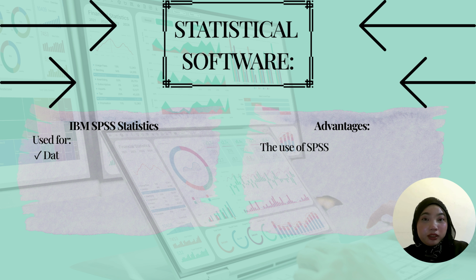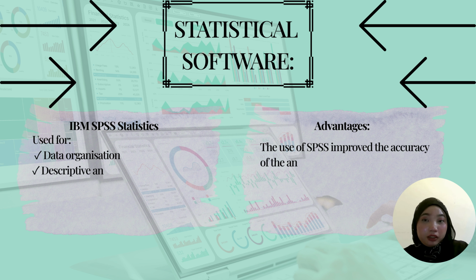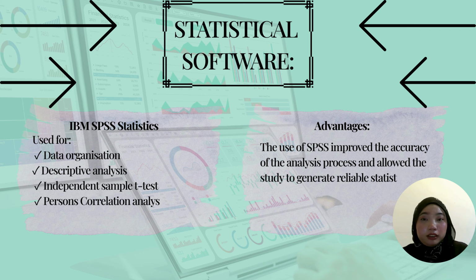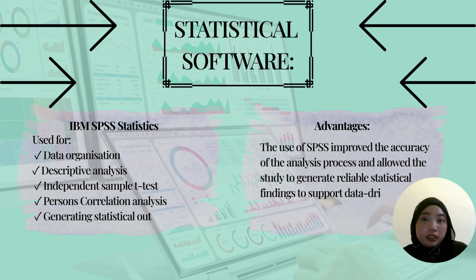We move to the statistical software that we used for our data analysis, which is IBM SPSS Statistics. It was used for data organization, descriptive analysis, the independent sample t-test, the Pearson correlation analysis, and lastly for generating statistical output.